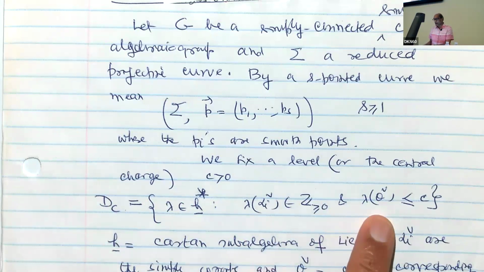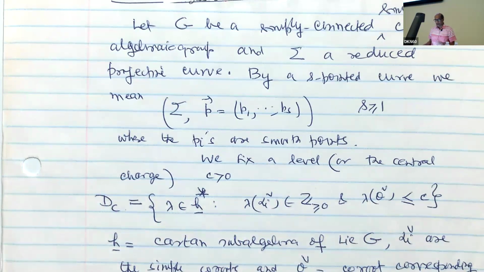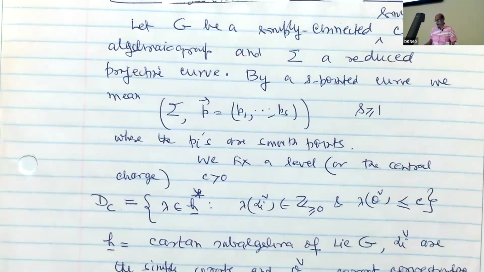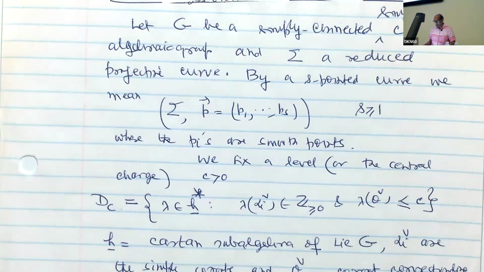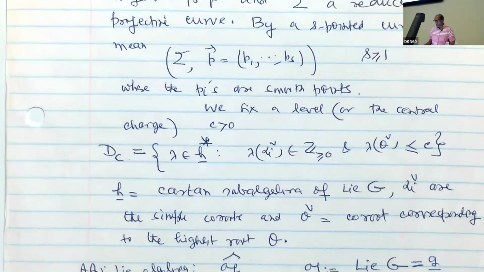And I take lambda of theta check to be at most C, where theta is the highest root and theta check is the corresponding coroot. Okay. Now, affine Lie algebra.